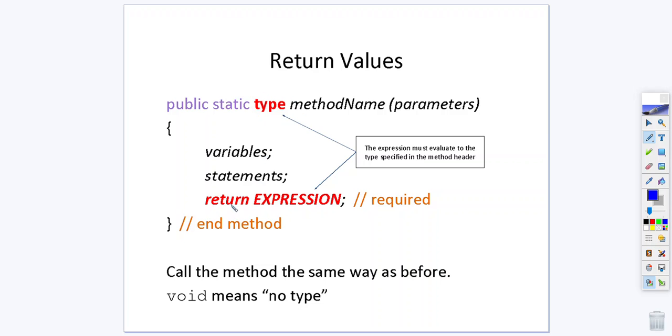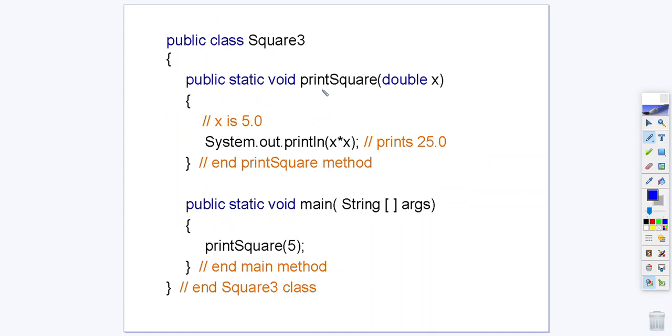If this is a double, I must return a double. We still call it the same as before. It's just you might have to assign it back to a variable or do a print line statement because it is sending back information, and it's a little bit pointless in some cases to call it if you're not actually going to do anything with the information that's sent back.